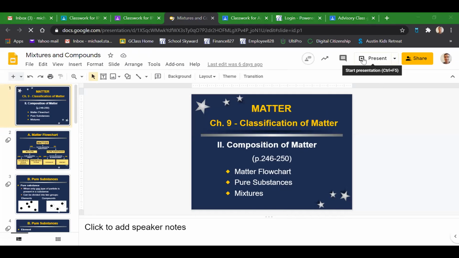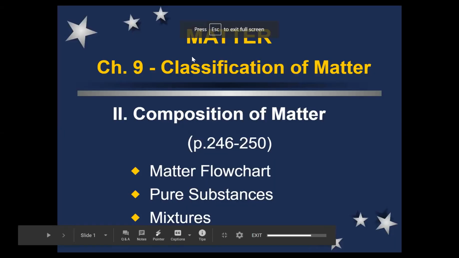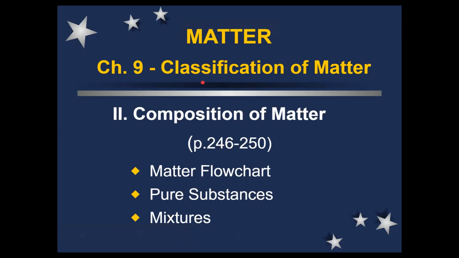So today we're going to be talking about how matter is composed or classified, meaning that Monday we were talking about how those atoms stick to each other, whether or not they make the ionic bonds where they move the electrons around, or the covalent bonds where they share electrons between each other.